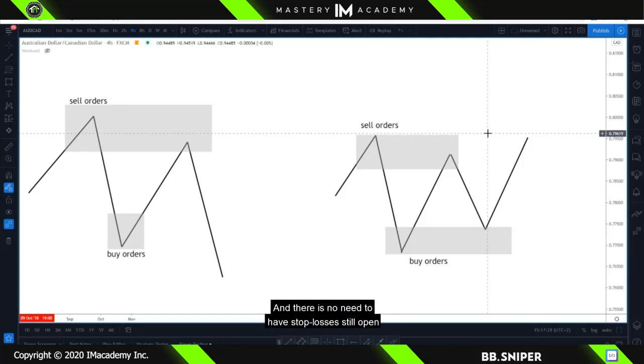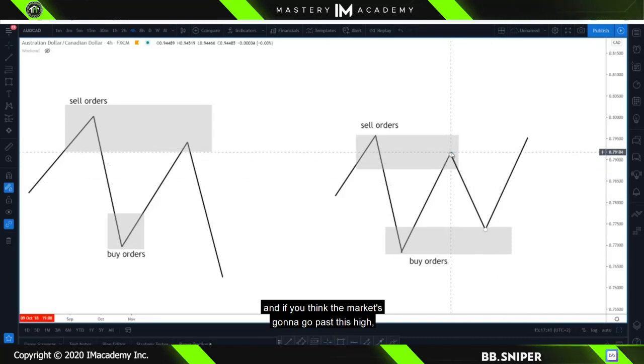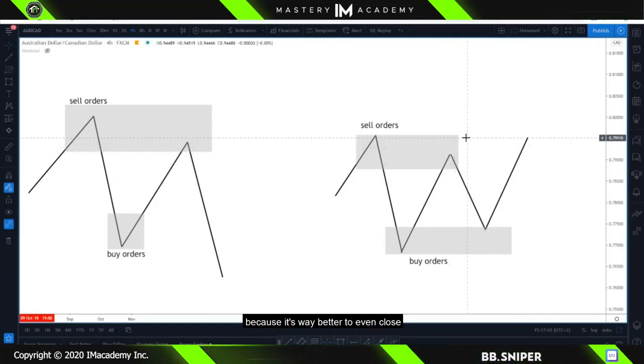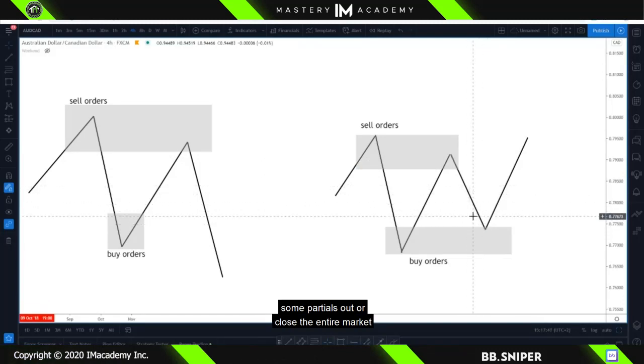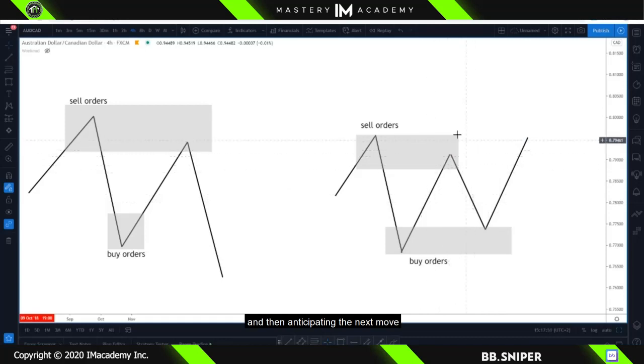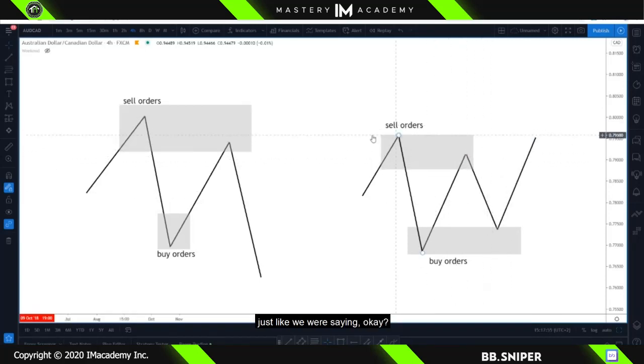And there is no need to have stop losses still open and be exposed to the risk of a loss if you see that the market is going against you, right? And if you think the market is going to go past this high, it's way better to even close some partials out or close the entire position if we see the market going a little bit higher, and then anticipate the next move and read the structure properly, just like we were saying.